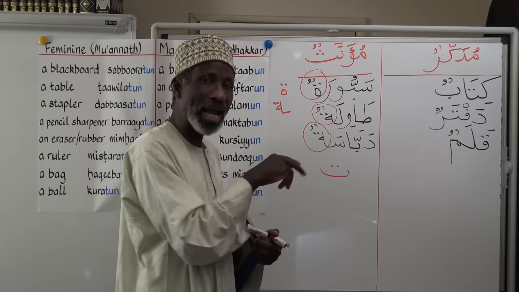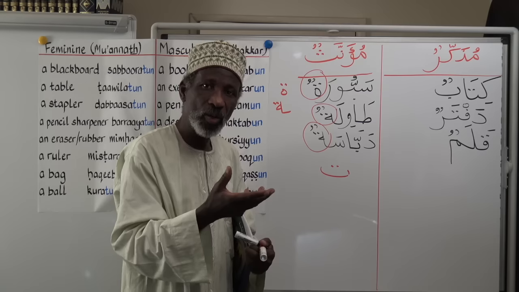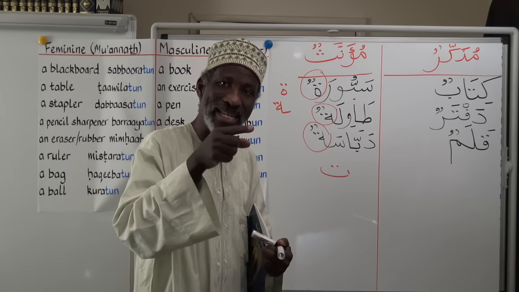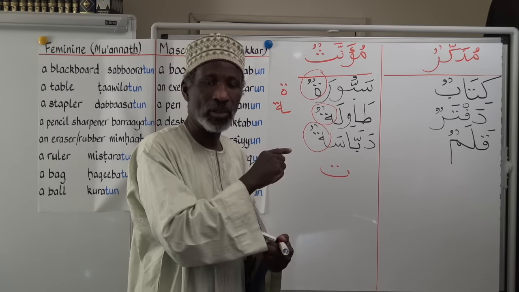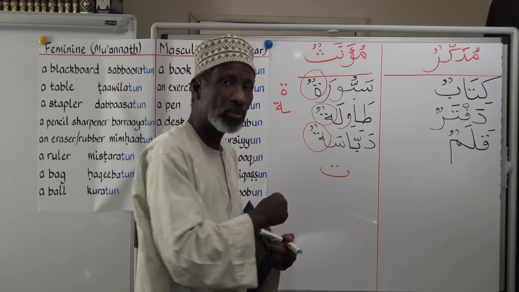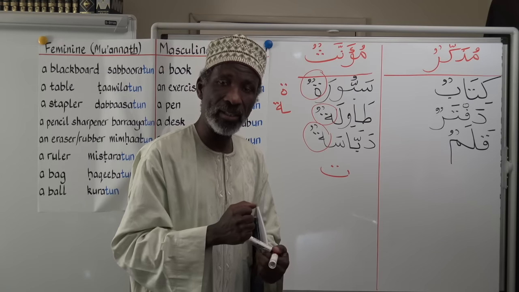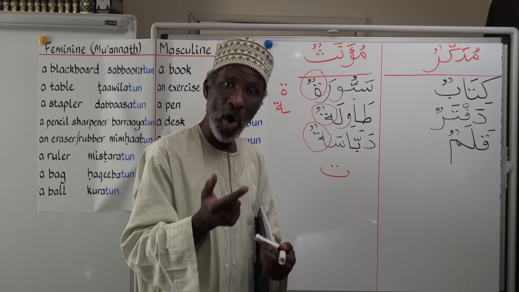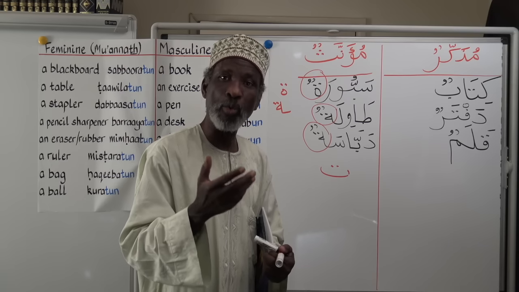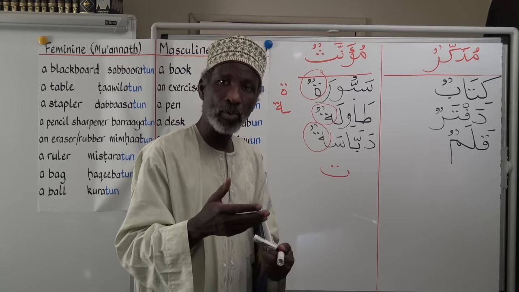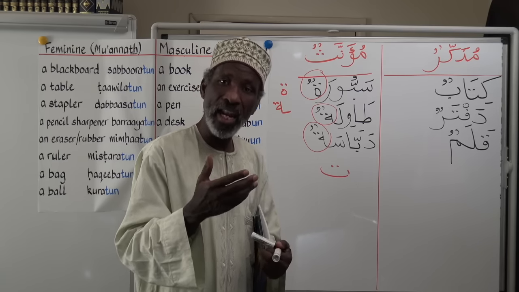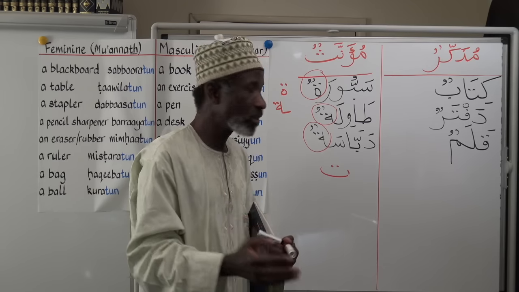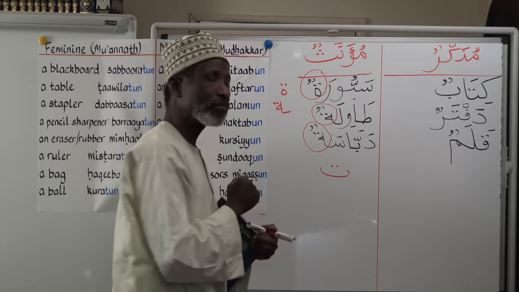If ta marbuta comes after a letter which is not allowed to be extended forward, there are 6 of those letters: alif, dal, dhal, ra, zain, and waw. When ta marbuta comes after any of those 6 letters, it will be written this way.